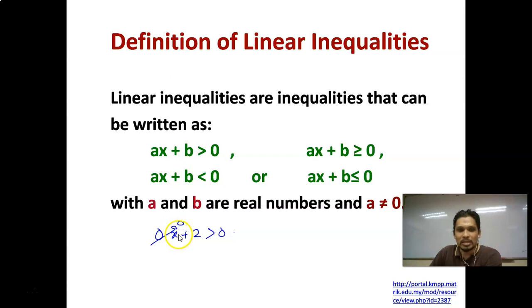When there is no x left, only 2 is left. This is not a linear inequality anymore. A linear equation must have at least one x with the power of 1.